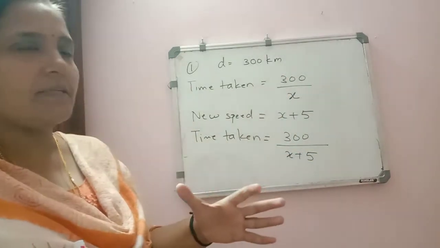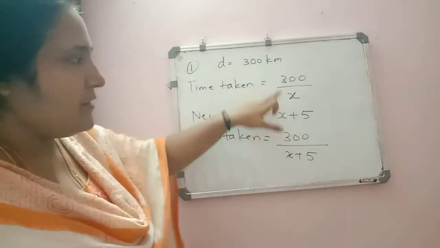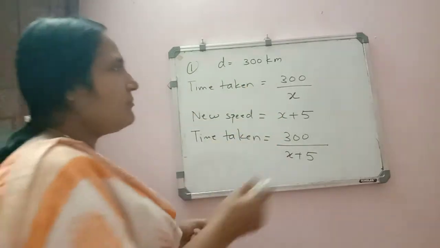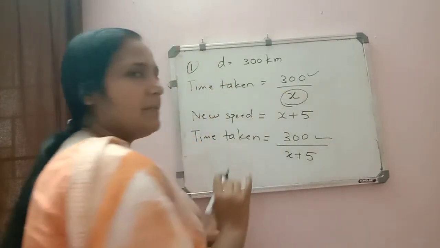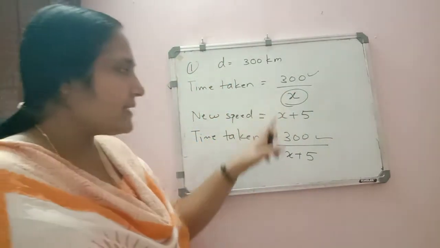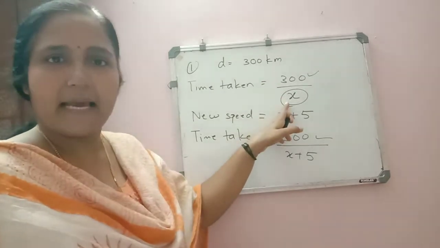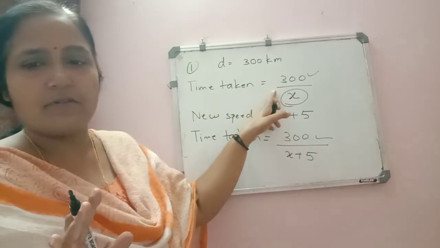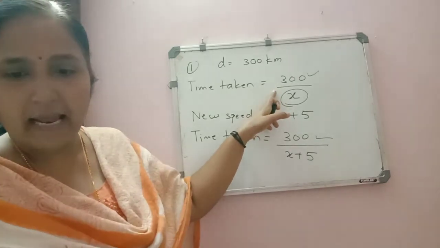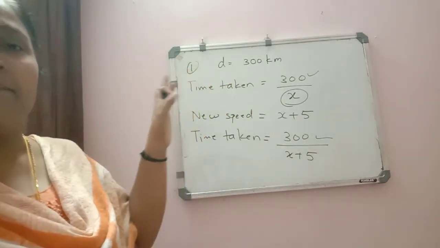If that concept is not clear, just check: the numerator is the same, and if numerators are the same, then the smaller denominator gives the greater value. In x and x plus 5, the smaller is x, so this number will be greater. So the difference in these two timings is 2 hours.